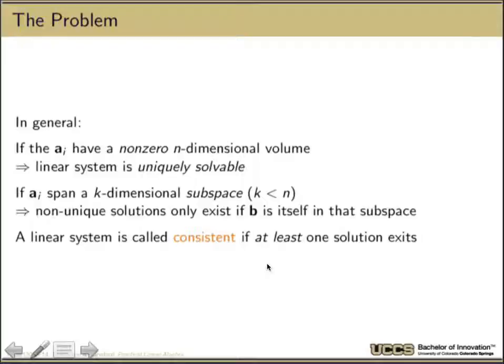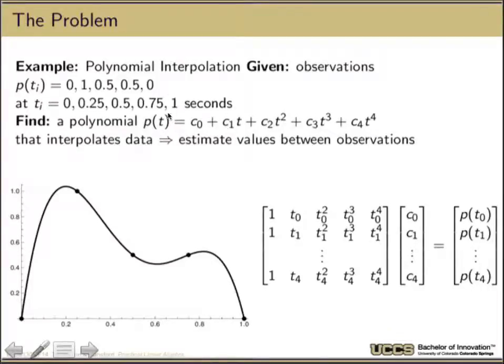In another motivational problem, let's look at a classic example of trying to fit a polynomial to some data. Suppose we're given some observations at different times, and at those times we're told the value of our function. For some reason we believe our function is a fourth degree polynomial, and then we want to interpolate the data, and that will give us the ability to estimate the value in between these observations.